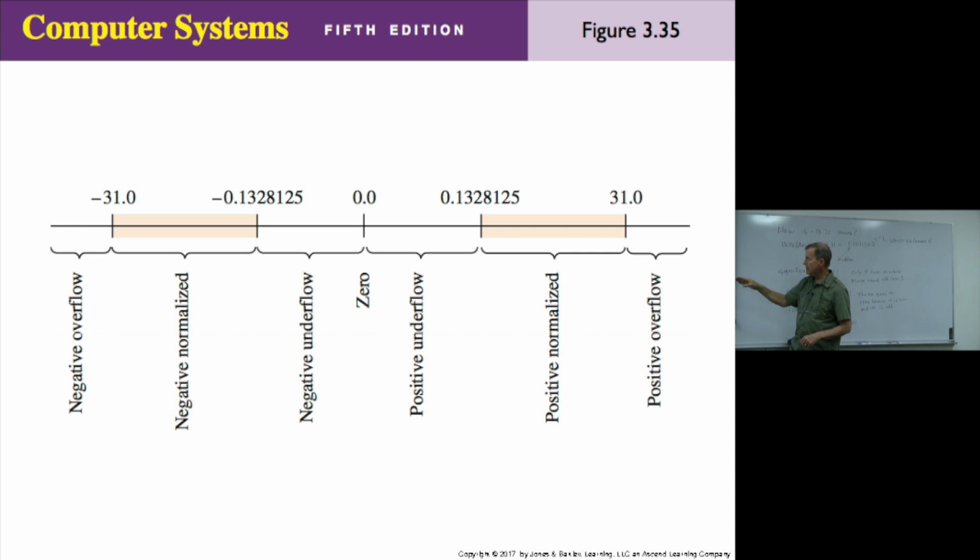You can store numbers anywhere from 0.13281125 to 31.0, and anything bigger than that is positive overflow, and anything between that and 0.0 is a positive underflow.